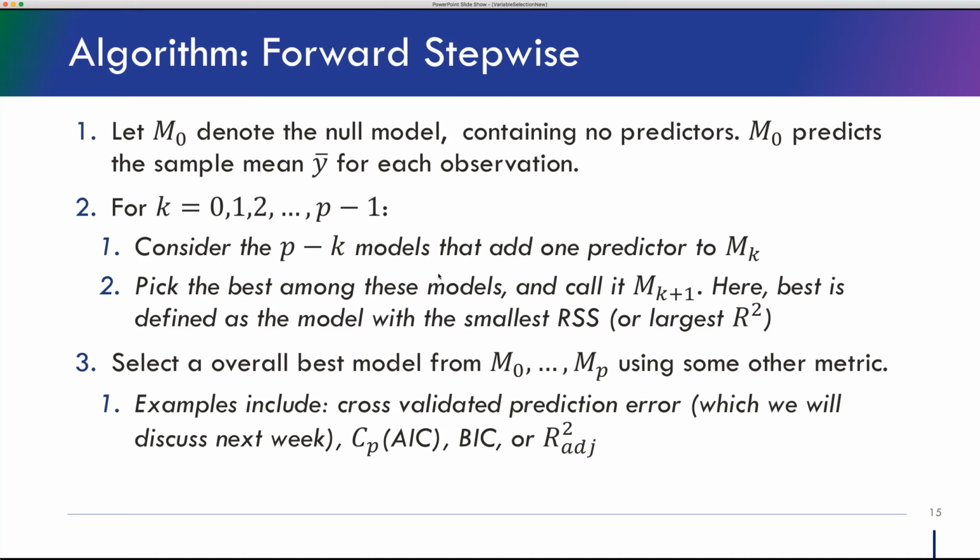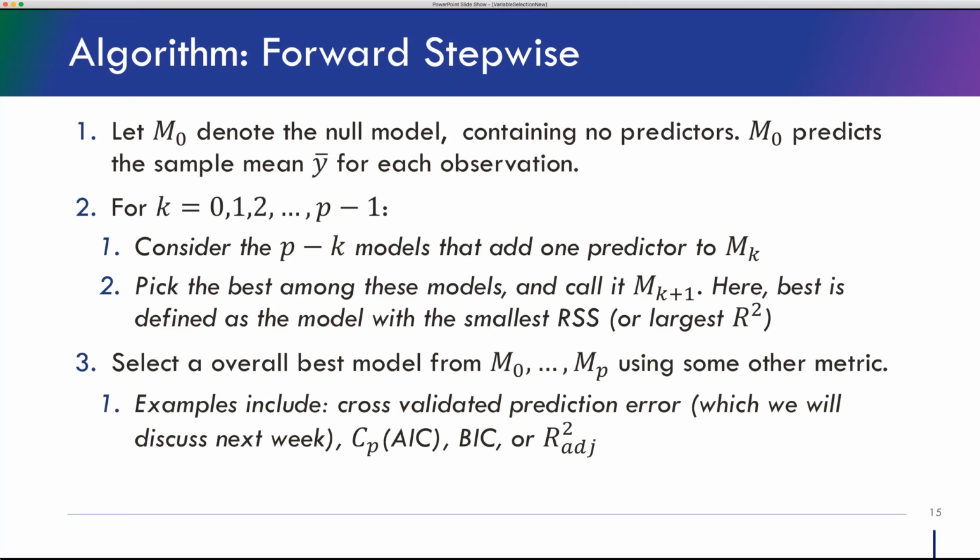And we pick the best among these Mk models, and we call it Mk plus 1. Here the best is defined as the model with the smallest RSS, or the largest R squared.